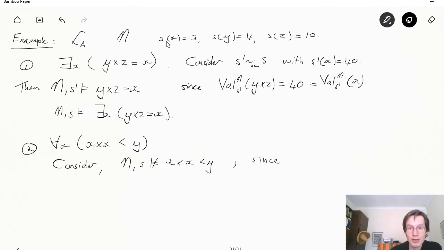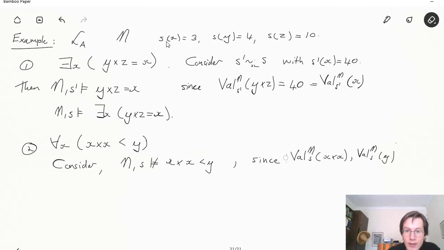Let's write it out formally. The pair consisting of the value in N under S of x times x and the value in N under S of y is not a member of the interpretation in N of that symbol.